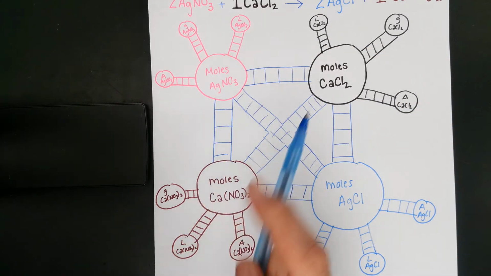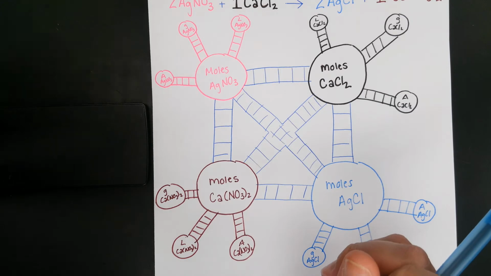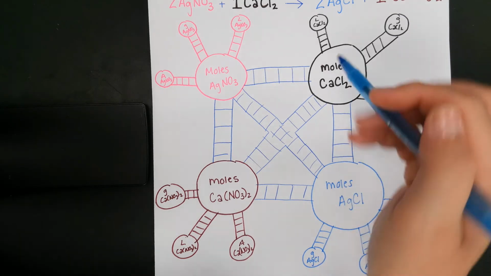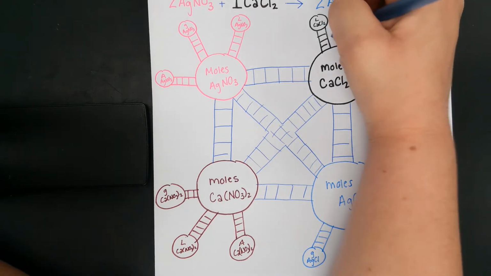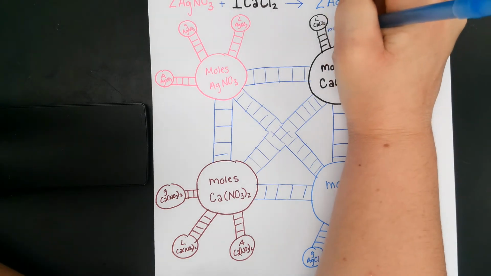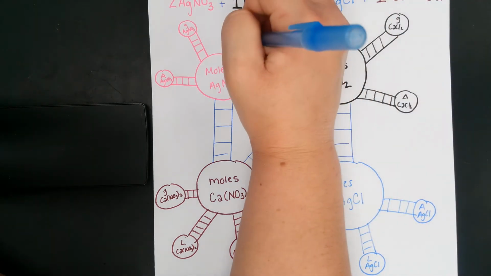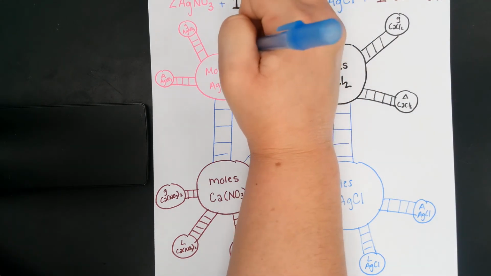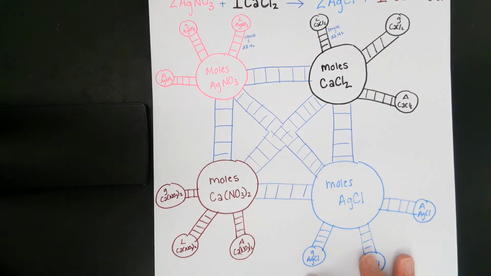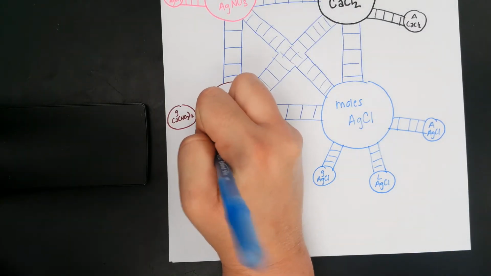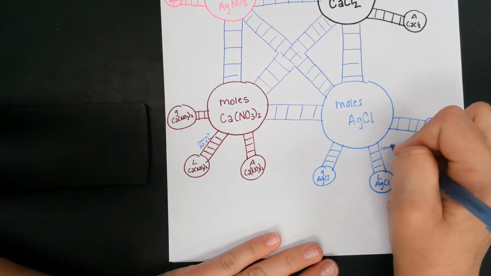One other thing I wanted to talk about is that a lot of the conversions are going to stay the same, but the most important one I want to talk about is the grams one. For instance, moles to liters is still 1 mole equals 22.4 liters, and that's still true on all of them. It doesn't matter which island you're on, 1 mole is equal to 22.4 liters for every single one. So we can go ahead and write that in.